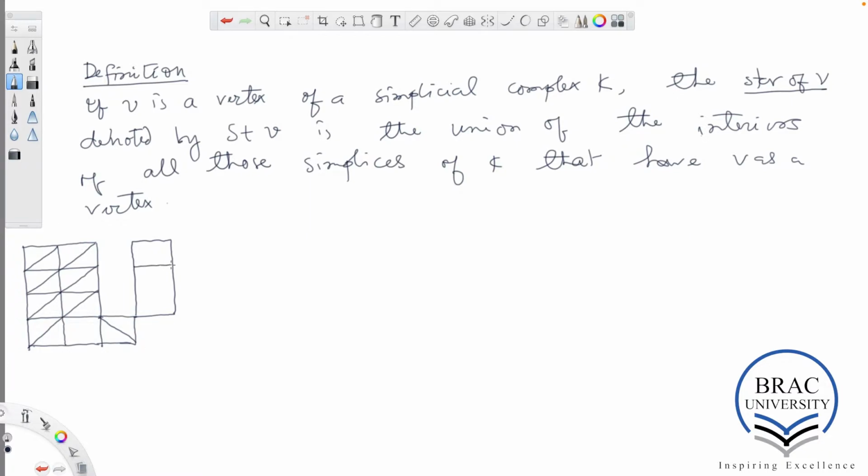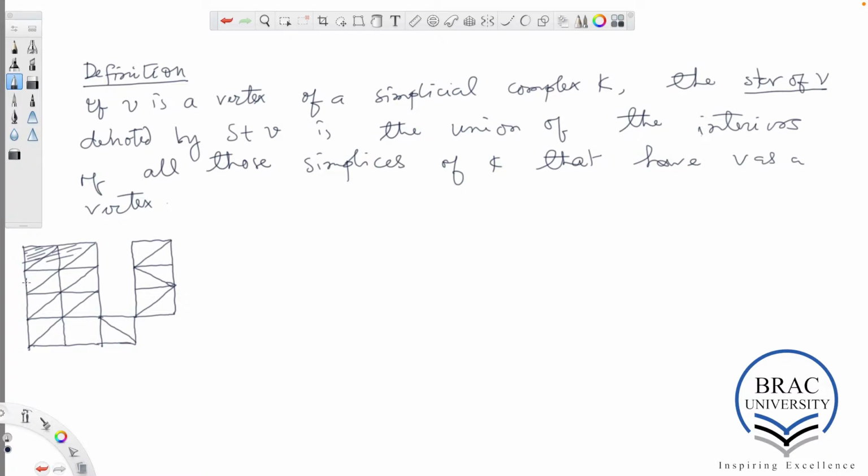These are all the one simplices. And these are the two simplices. If you want to denote those two simplices by shaded regions, you can do it like this.